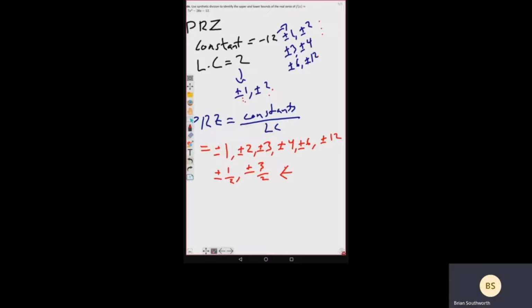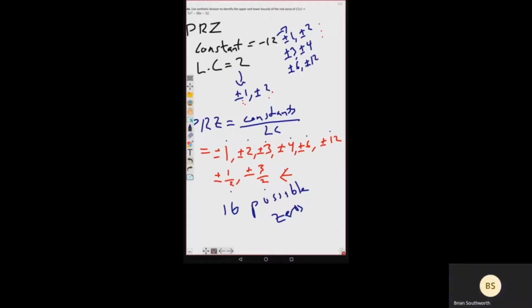So we have 2, 4, 6, 8, 10, 12, 14, 16. 16 possible zeros. Well, how am I going to reduce that down to less than 16? One way to do that is look at the upper and lower bounds of real zeros.